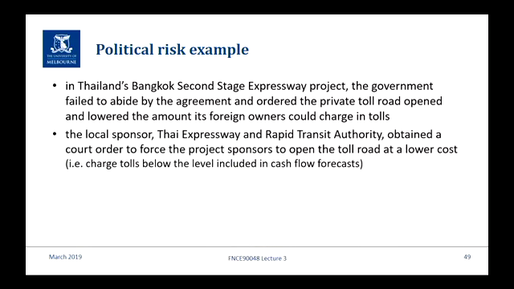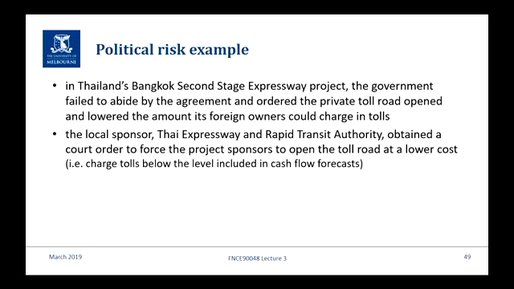In this case, and it's quite common in developing countries, part of this creeping expropriation and equity requirements, they had a local body, the Thai Expressway RTA, as one of the sponsors. They said, you can do this in our country, but our constitution requires that these major projects be partially owned by local companies.